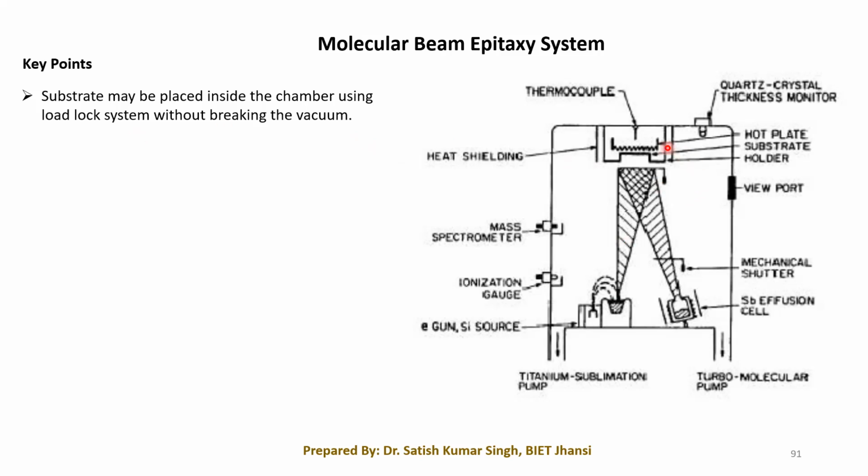Once we place our substrate, as we know, when we want to grow an ultra high pure monocrystalline layer, or epitaxial layer, then before that, as we have already seen, our wafers or substrates contain a lot of contamination and damages.